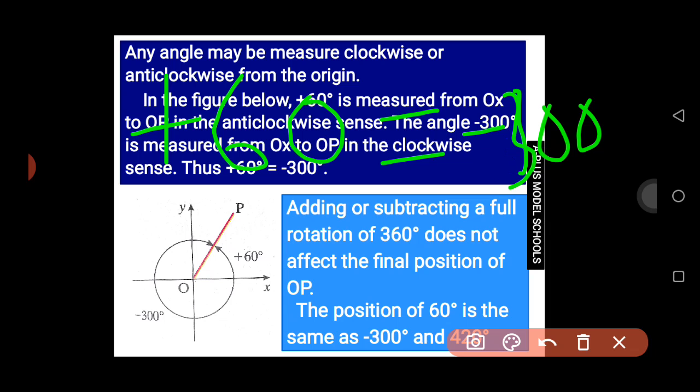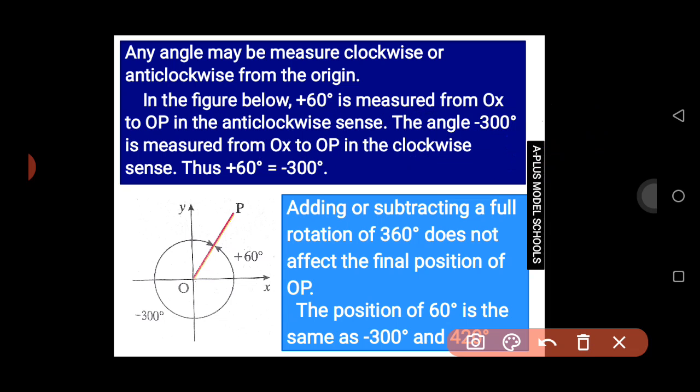Why? Because their sum still gives us 360 degrees. And that's what you can see in the next line. It says thus plus 60 degrees is equal to minus 300 degrees. So adding or subtracting a full rotation of 360 does not affect the final position of OP.